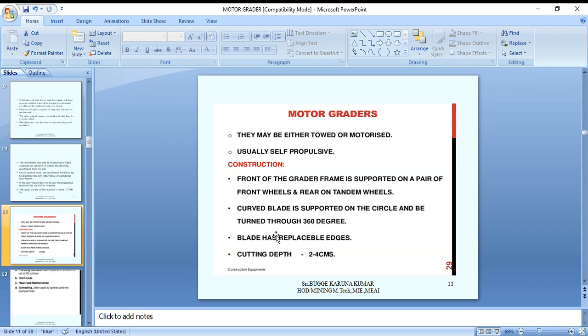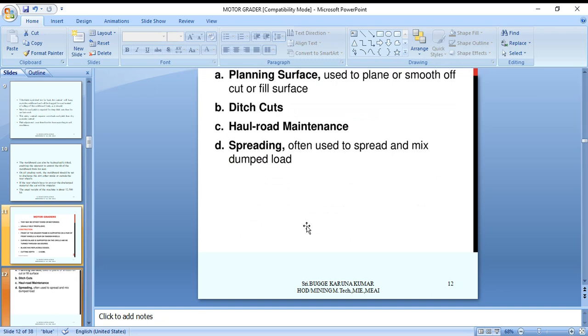The blade has replaceable edges, and the cutting depth is also given. So this is the overall structure of the motor grader. There is a tandem pair at the rear end and one pair at the front end, and in the middle there is a circle. The blade can be rotated 360 degrees. Some more points I have added here.